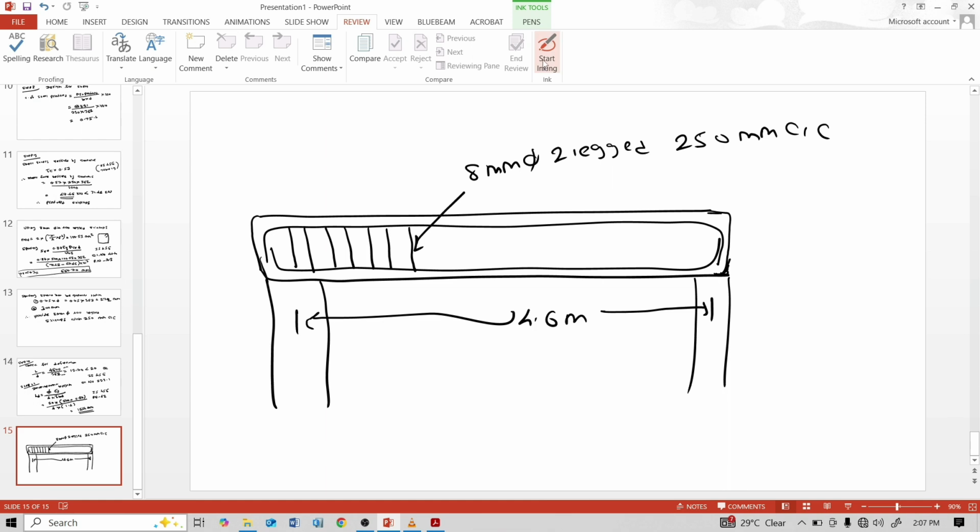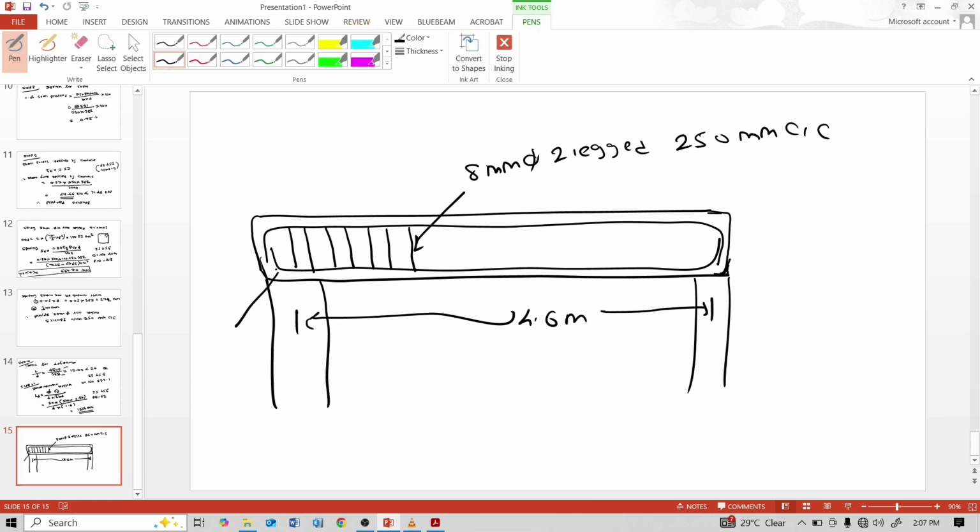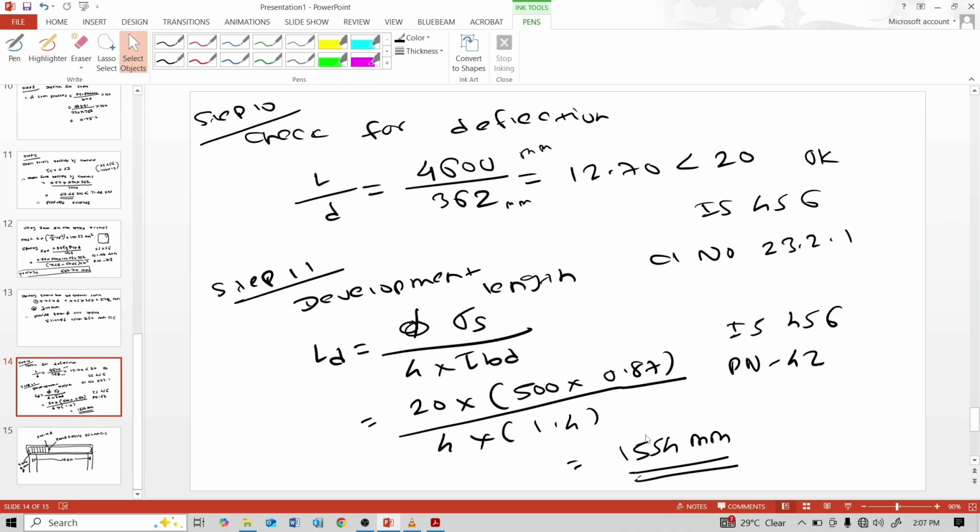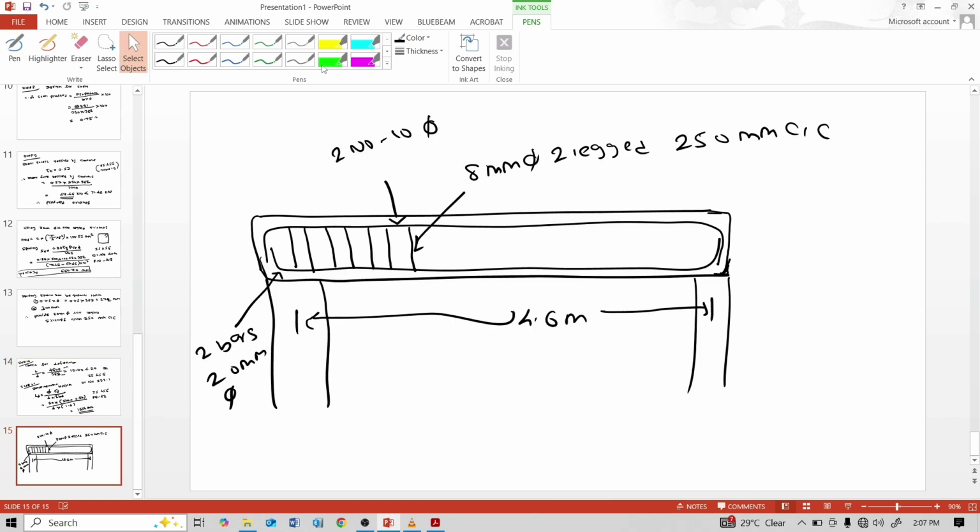Main steel, 2 bars, 20 mm diameter, and anchor bars, 2 number, 10 diameter. Development length we calculated 1554 mm, from here to here, this much distance, 1554 mm.